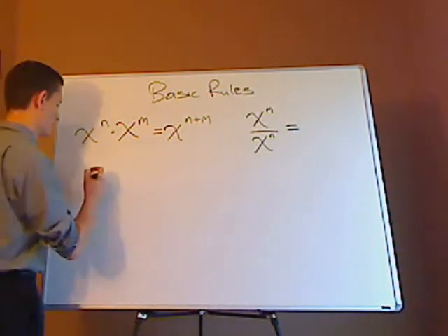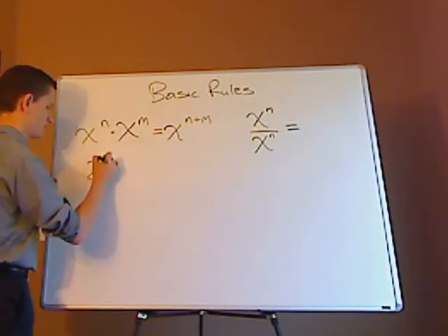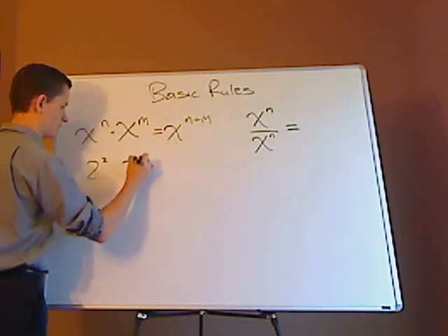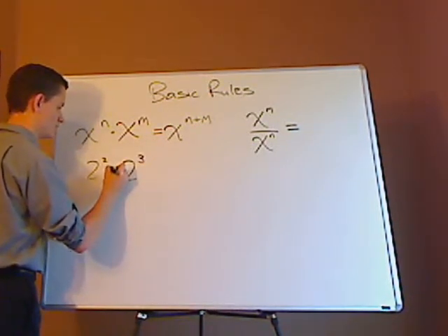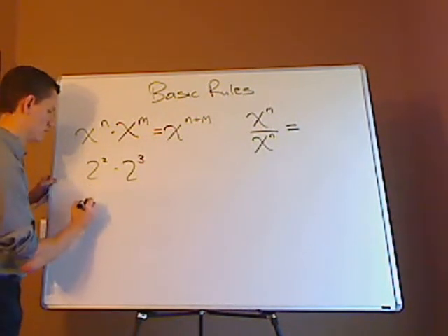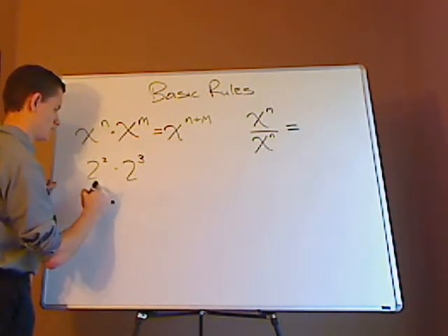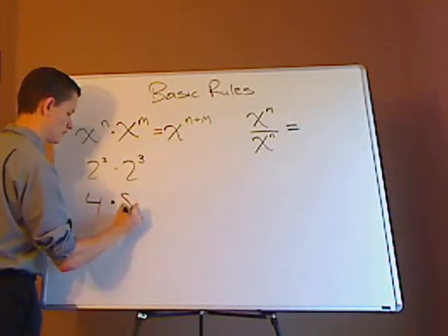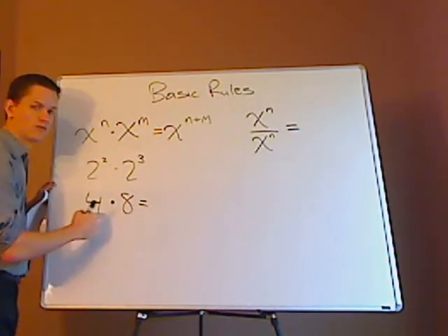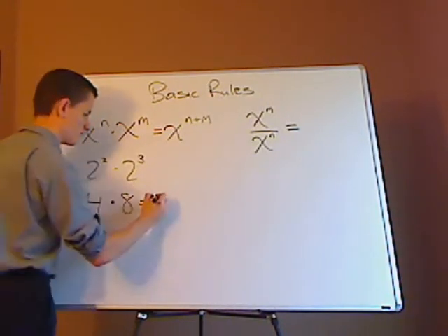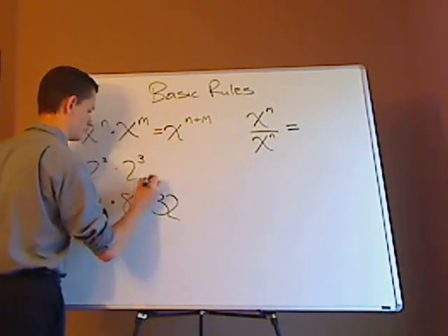So let's look at this as an example. You have 2 squared times 2 cubed. 2 squared is what? 4. What's 2 cubed? 8. And what's 4 times 8? Right, that's 32.